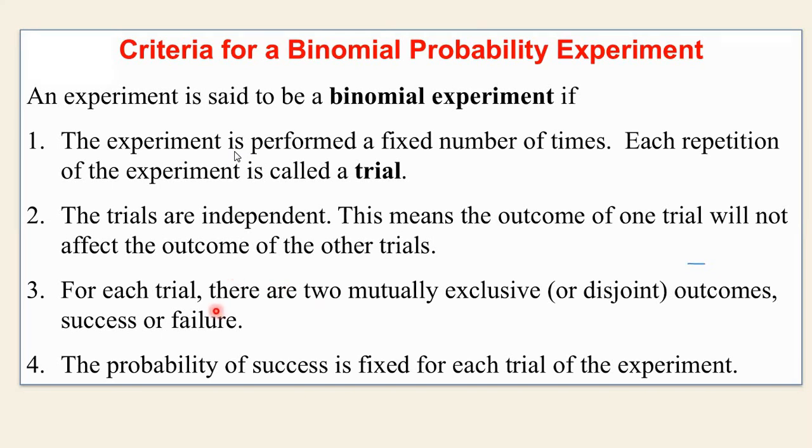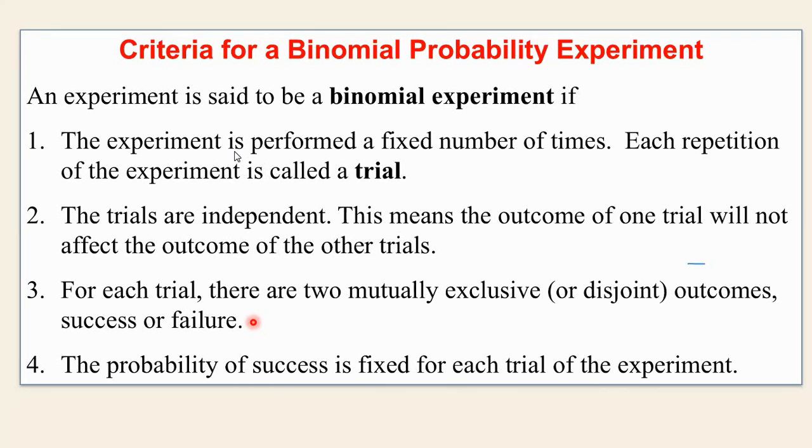Right? And these two outcomes are named success or failure. Depending on the given situation or your wish, we can name them. Now, we want to look at tossing a coin 10 times. How many times are we getting heads?